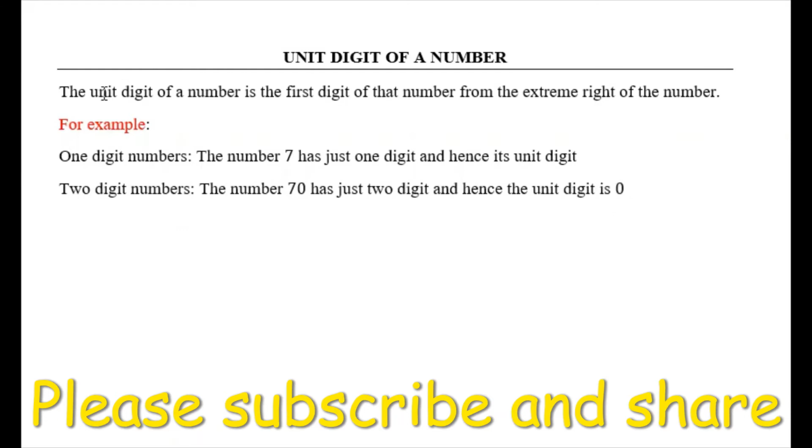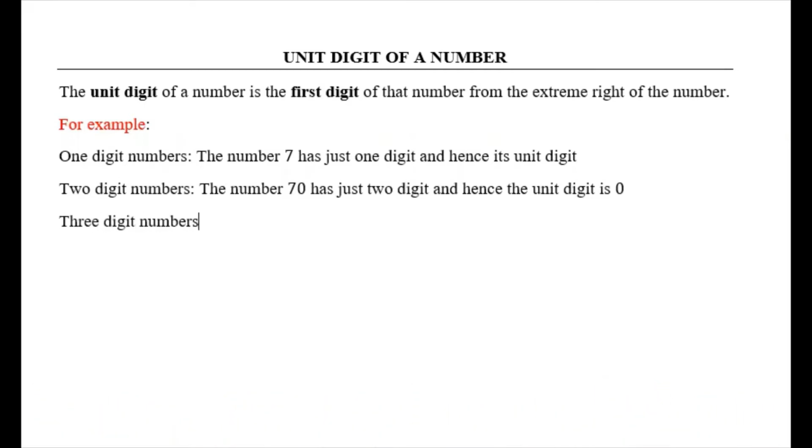The unit digit of a number, very important, is the first digit of that number from the extreme right. So the very first digit of that number from the extreme right is the unit digit of the number. We can go on with 3 digit numbers. Let's just take a last example for 3 digit numbers, so that I should be sure that you have understood.